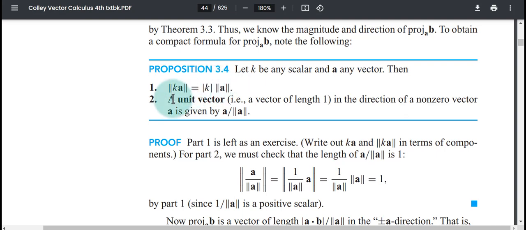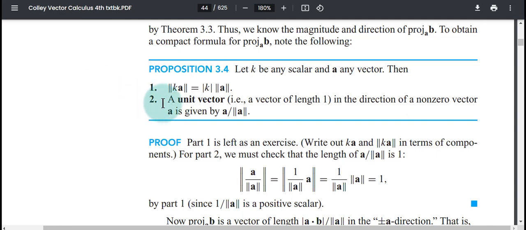And then one more, and this is important, a unit vector. So a unit vector means a vector with length 1. So vectors, of course, they can be in all different angles, and they can be, of course, in many different lengths. But a vector which is length 1 is called a unit vector.